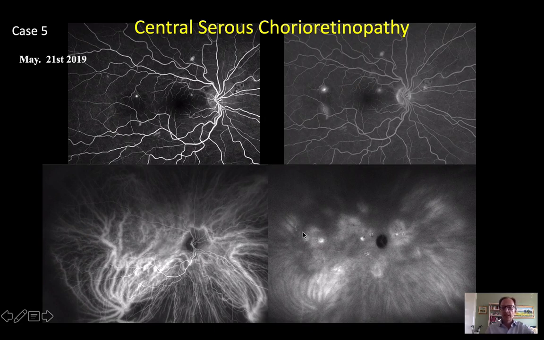And take a look at the indocyanine green angiography, how many areas of hyperpermeability of the choroid are evident and are present at the indocyanine green angiography. So which kind of treatment should be performed in this case? So we decided to, first of all, try to treat the leaking points.